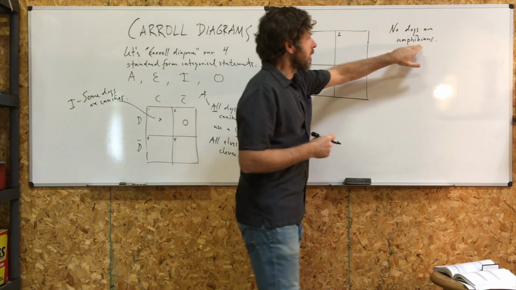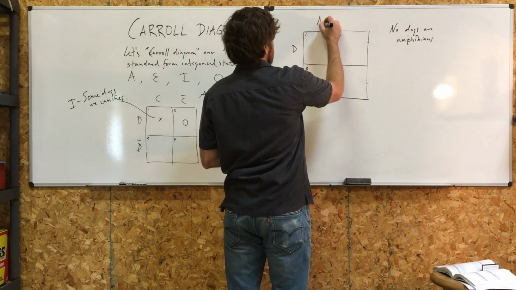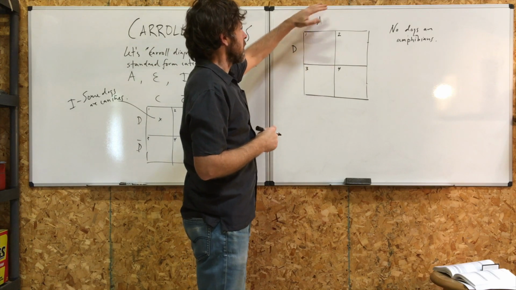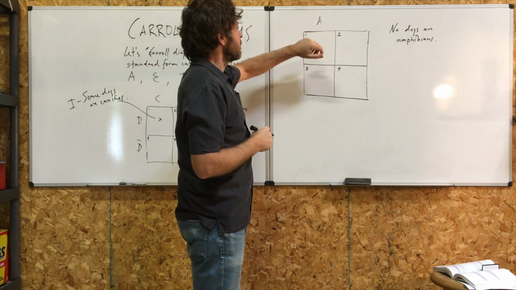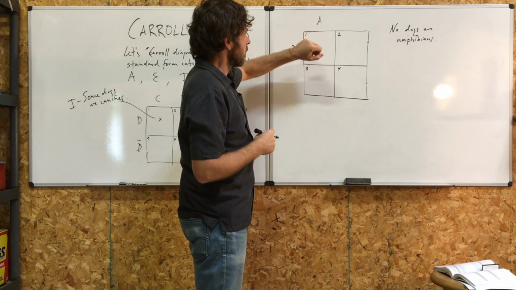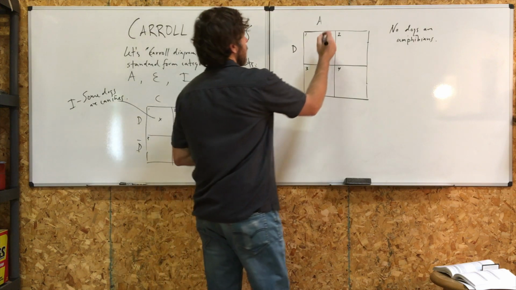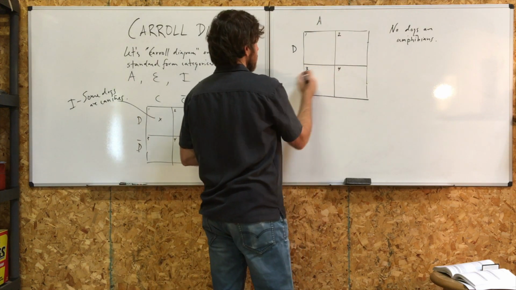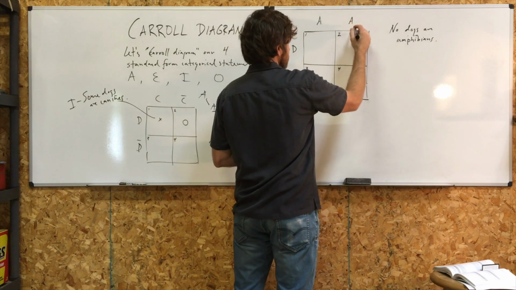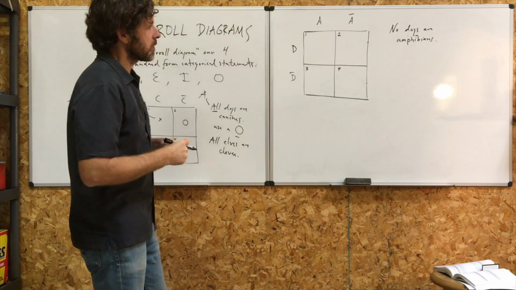The next term, in this case the predicate term, let's put on the top, going vertically down, amphibians. And that's represented by regions 1 and 3. Then regions 3 and 4, let's call those non-dogs. And regions 2 and 4, let's call those non-amphibians.